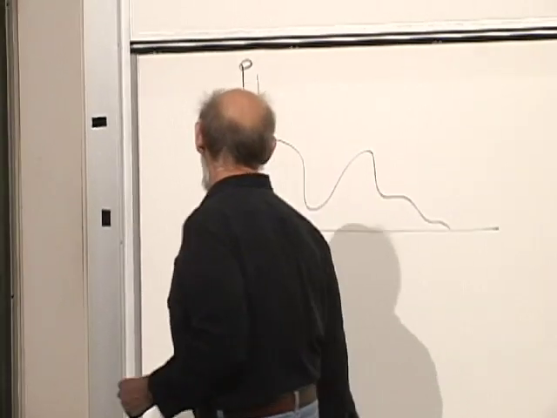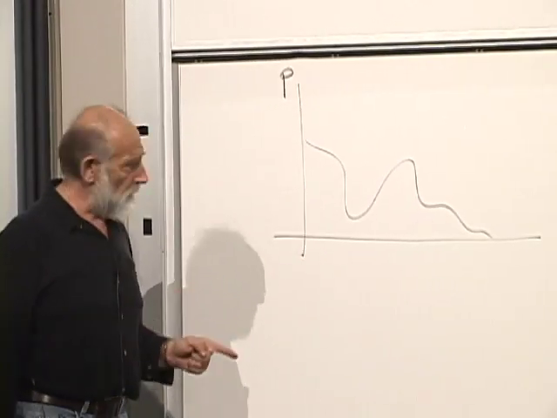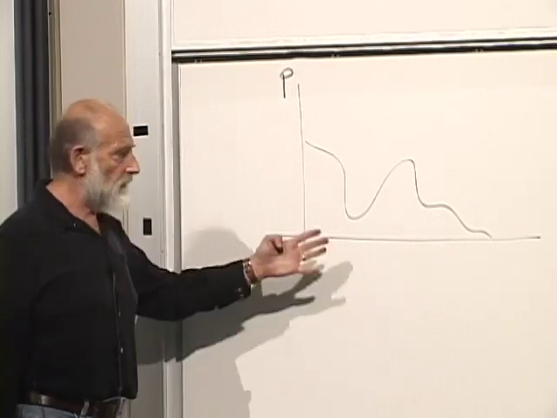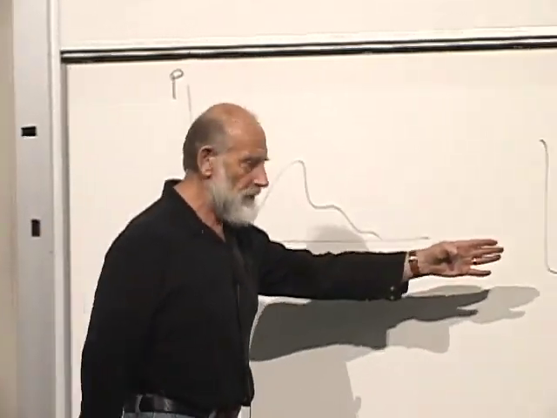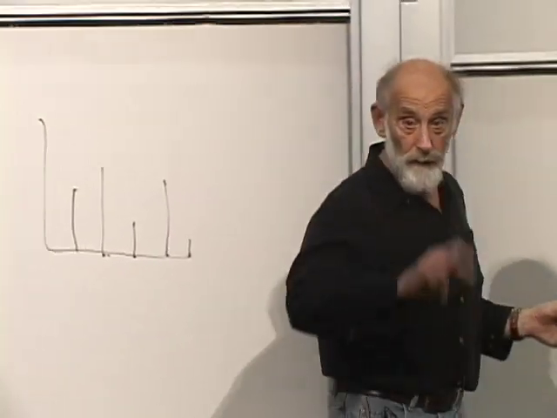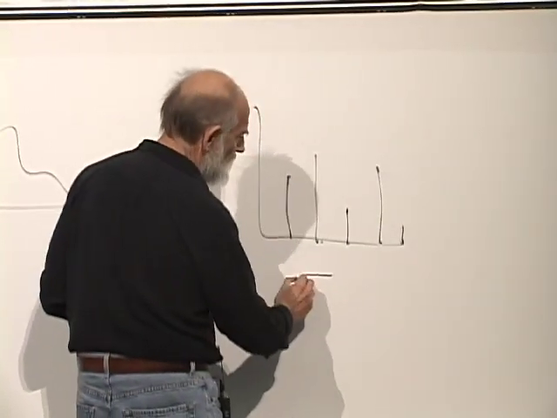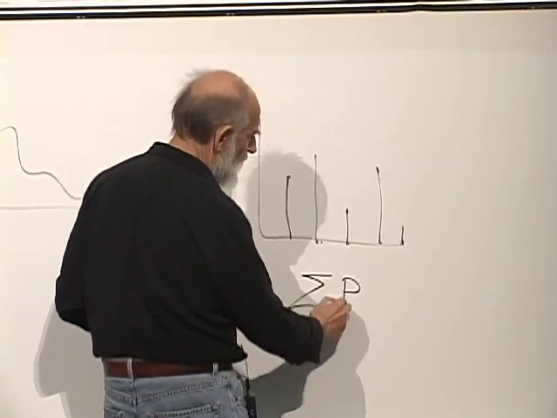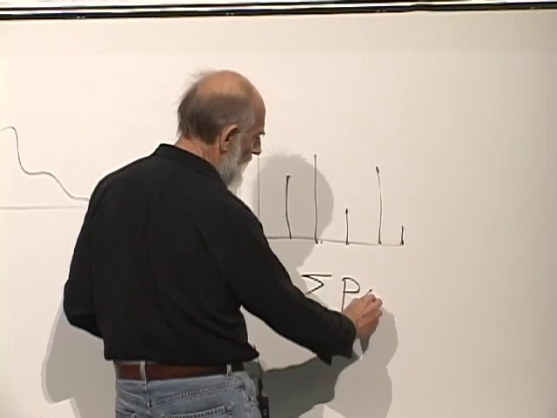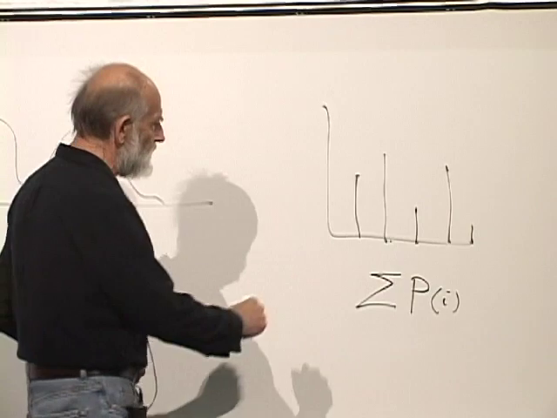All right. What does it take to be a possible probability distribution? Two things. P must be positive everywhere. In both these cases, negative probabilities have no meaning. It could be 0, of course. When I say positive, I could also mean 0. And the other thing, in this case, is the sum of the probabilities. Let's call it P of i, where i is which particular state you're talking about.